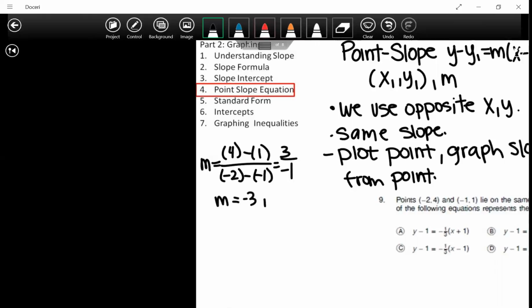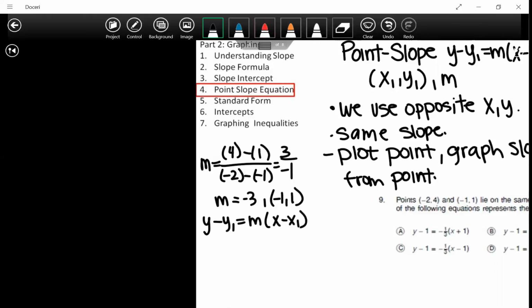And we have my point -1, 1 that I want to use. So we take that and plug it back into our point slope formula, which is y minus y1 is equal to m times x minus x1.